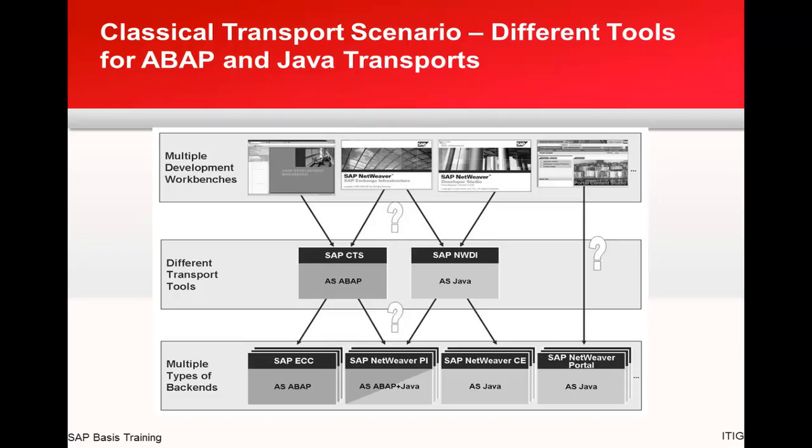Okay, then here you can see a classic transport scenario with different tools for ABAP and Java transport. So you have multiple development workbenches here. This is the exchange infrastructure, where you have a separate CTS for your ABAP instance.